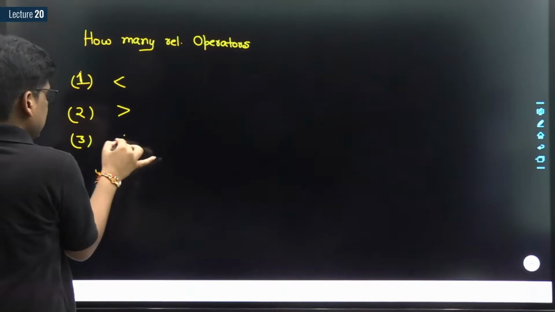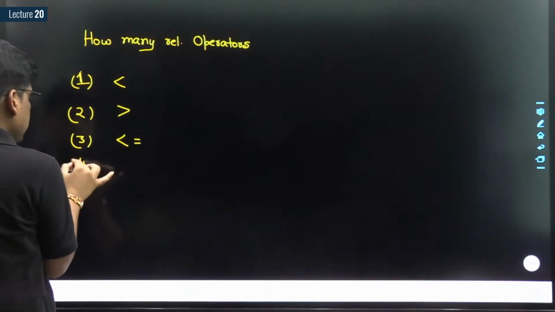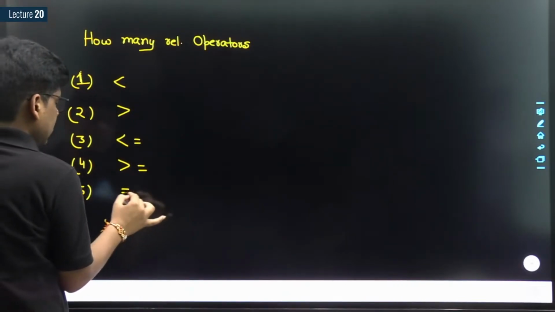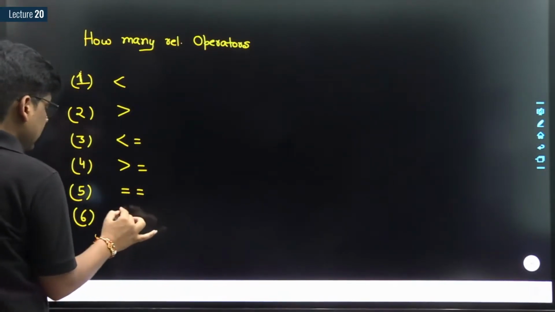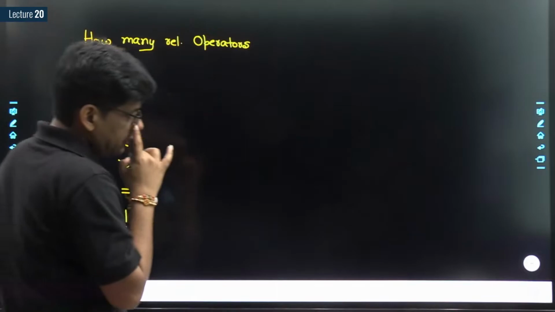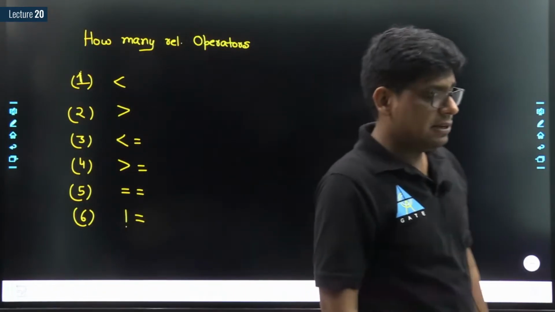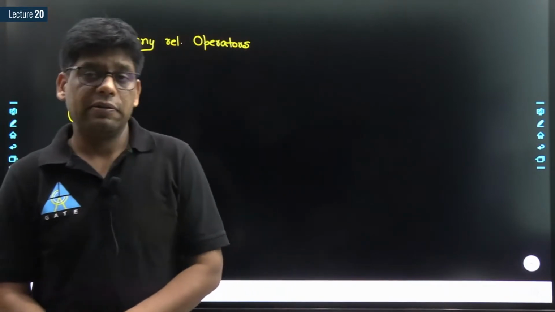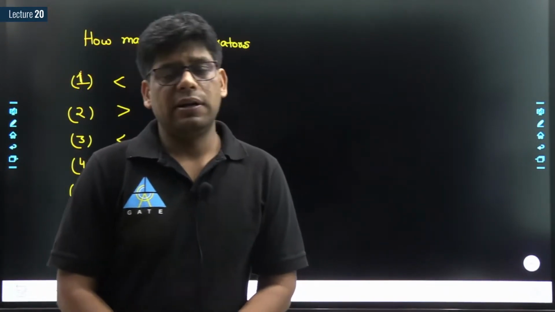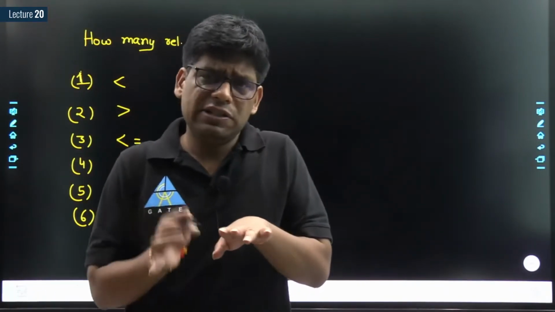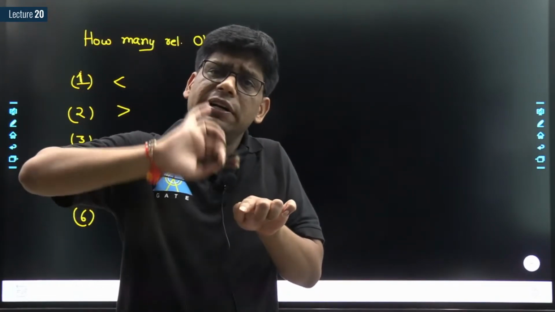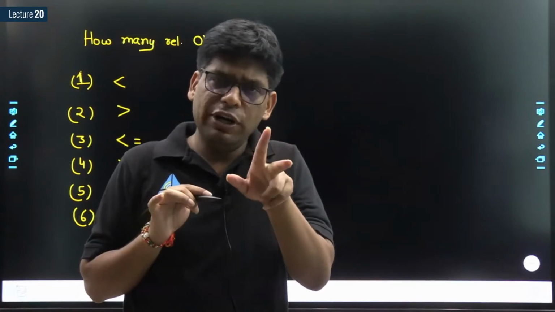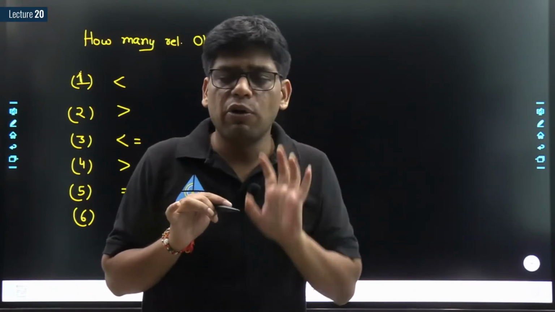Third one is less than or equal to, greater than or equal to, is equal to, is not equal to. In total there are 6 relational operators. And every relational operator is a question that can be answered in terms of true or false. So we have only two values for relational operator.